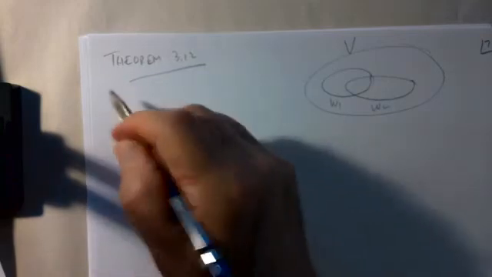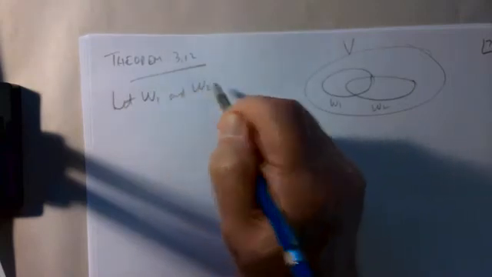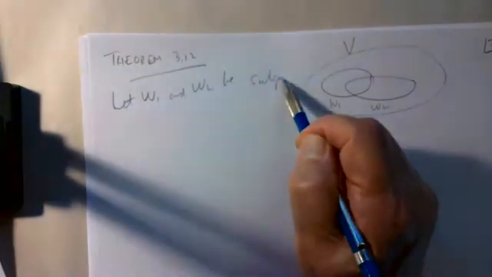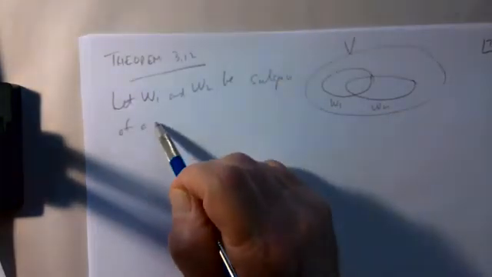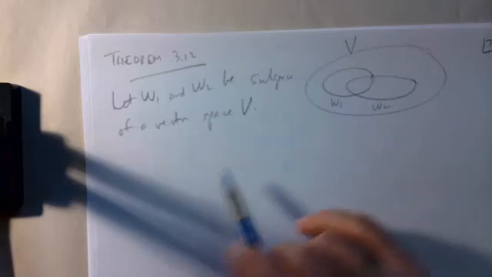So let W1 and W2 be subspaces of a vector space V that's finite dimensional.